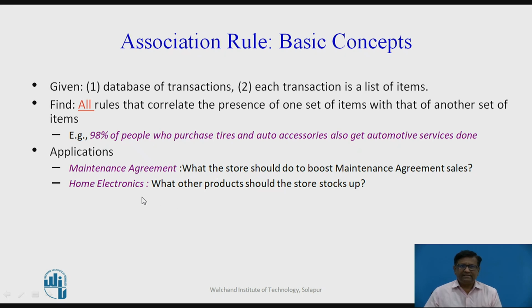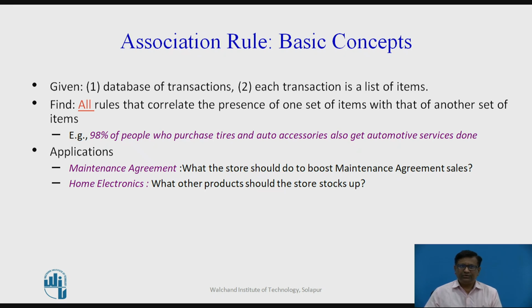So this is one application of association rule mining. The second is home electronics. For example, wherever we keep bread, it is wise to keep the milk also, so that these 2 items are mainly associated with each other.